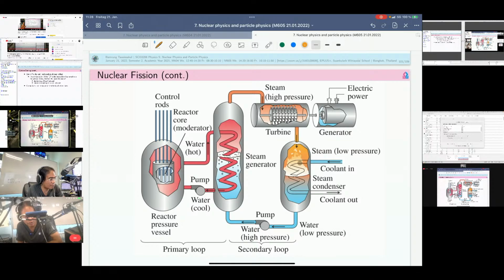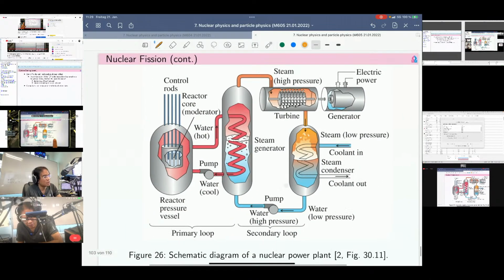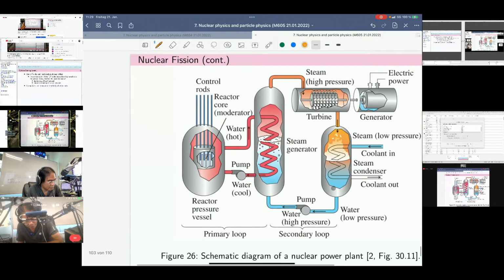We use water at low pressure to absorb the heat of this steam, so that the gas state or the steam version of the water is condensed to become the liquid form of water. And we use the pump a little bit to move it around to the next boiling process. That's the whole thing for the nuclear power plant.